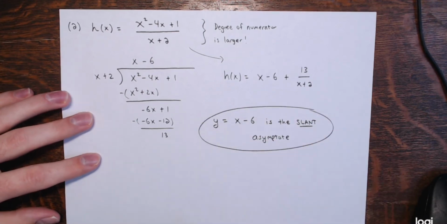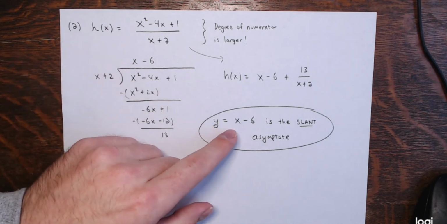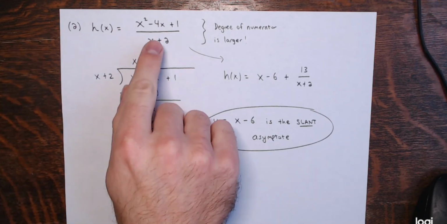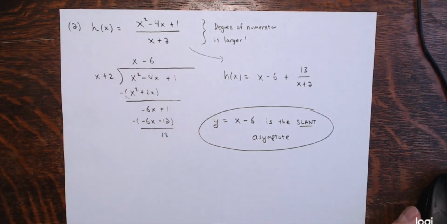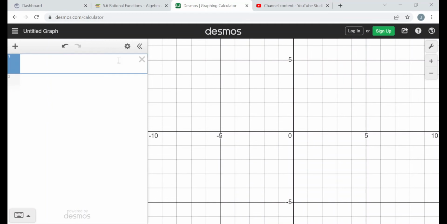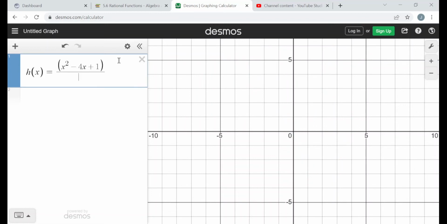And once again, I'll draw this out. We'll look at the graph of h, and we'll look at the graph of y equals the quotient, y equals x minus 6, and see that the graph of h approaches that on the ends. So the function we were given, h of x equals numerator x squared minus 4x plus 1, denominator x plus 2.